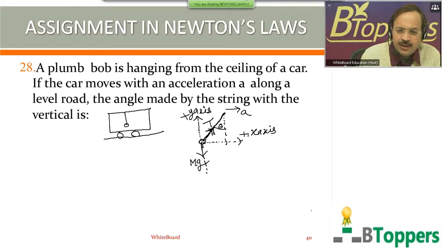So the line of action of the weight mg is parallel to the vertical line through the point of suspension. When two parallel lines are cut by a transversal, the alternate angles must be equal. So this will also be theta.